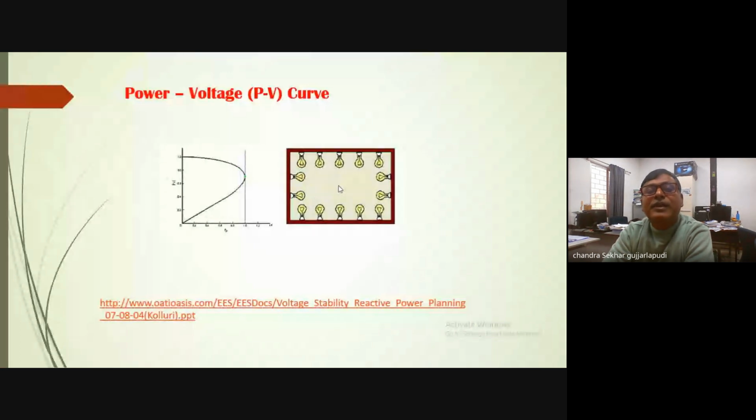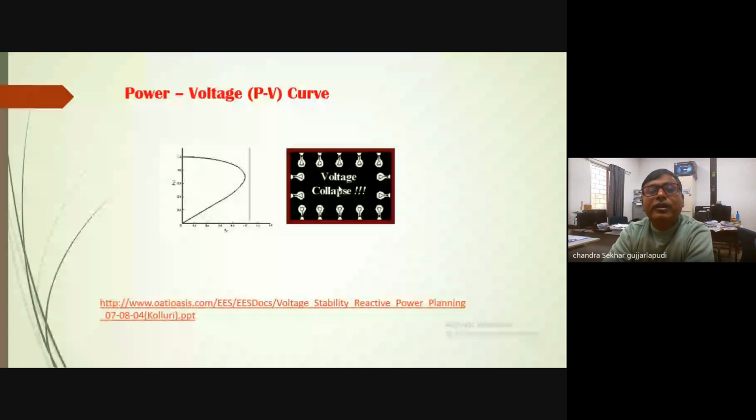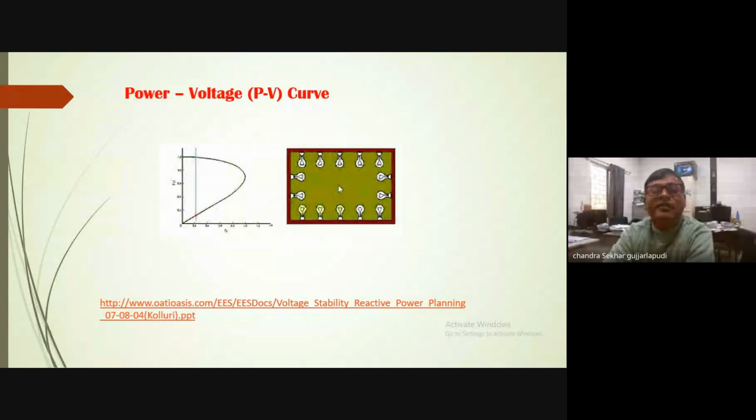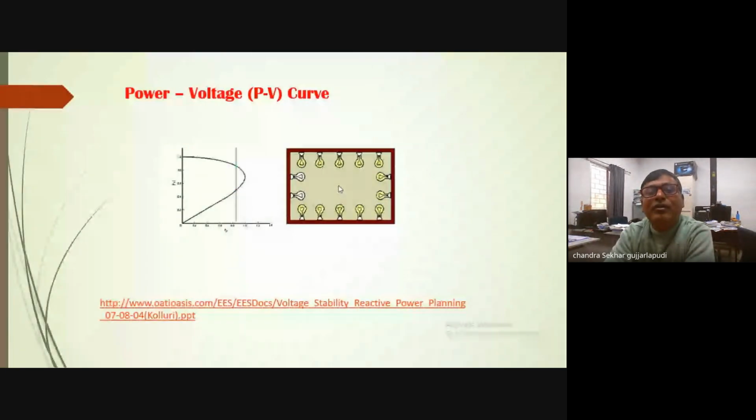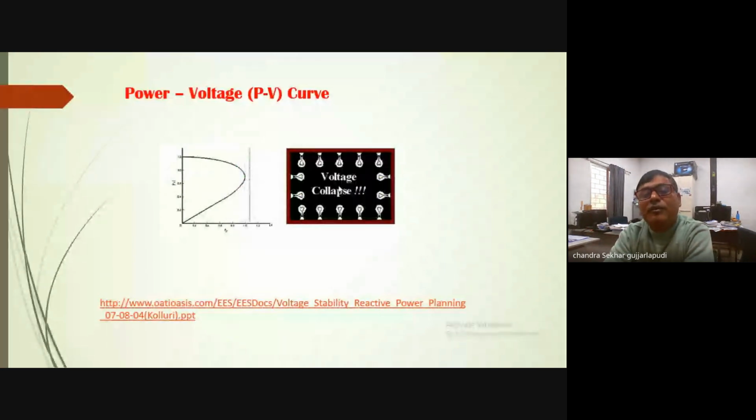This figure shows that initially when the number of bulbs or loads increases, the operating point for the bus lowers, meaning the voltage level lowers, and after some time there is a blackout. If we do not consider it for a particular bus, later there will be cascading failure, and the overall system will collapse.